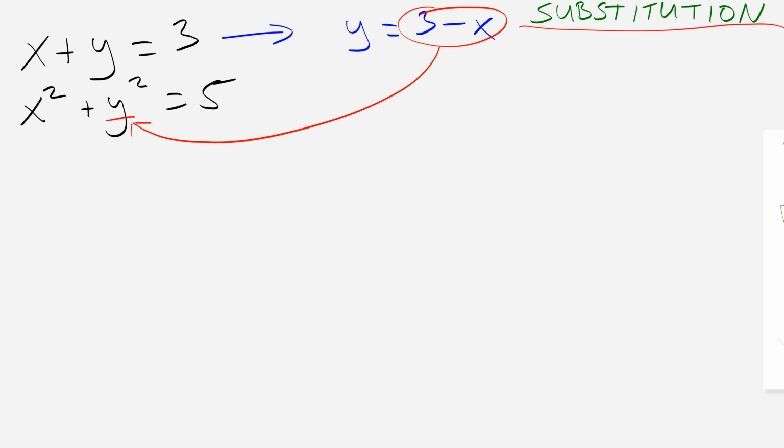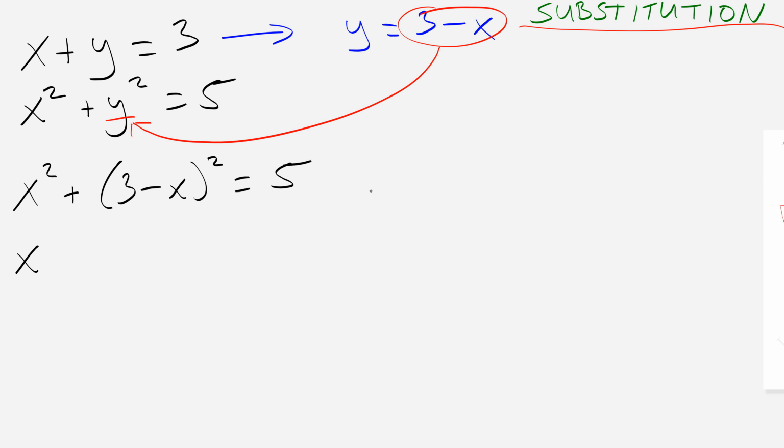So let's rewrite it: x squared plus, instead of y, 3 minus x all squared, equals 5. Now we have a nonlinear equation with only one variable, just x's. This is going to be a lot easier to solve than a situation where we have x's and y's. So we'll continue on with this.